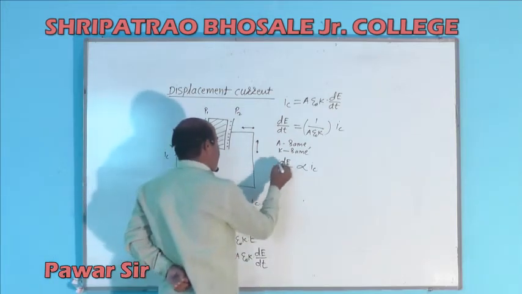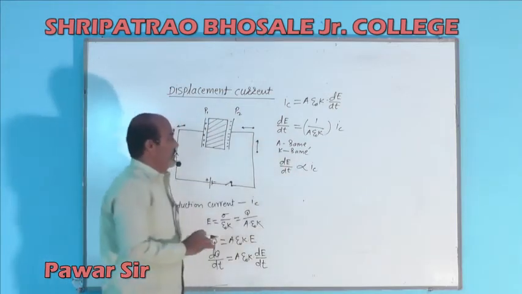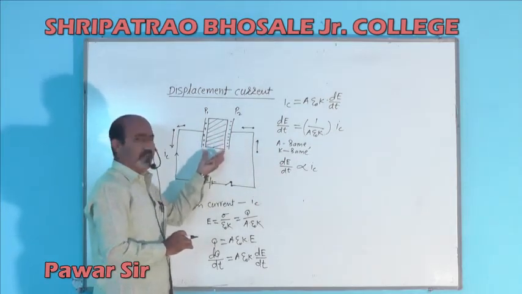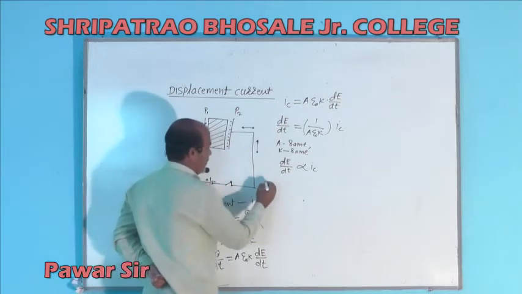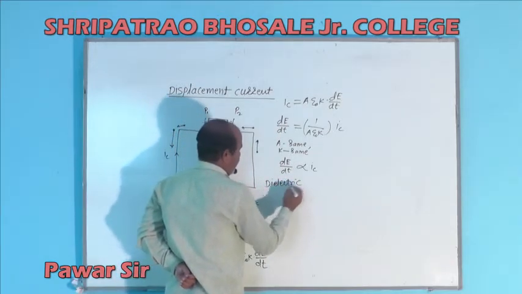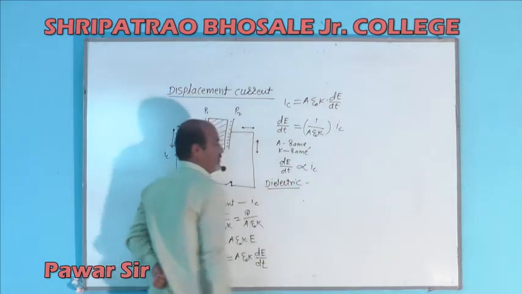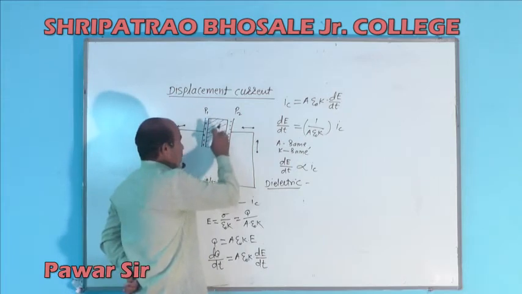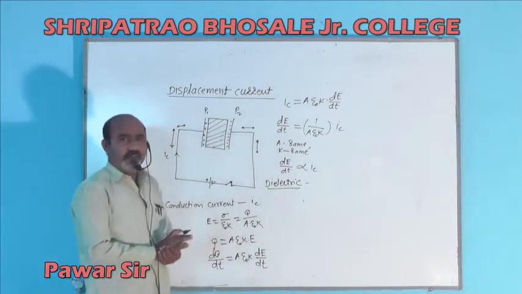Now we have to study what is the effect of this change in electric field with respect to time over this dielectric. Dielectric is an insulator. There means free charges are not available in this material.